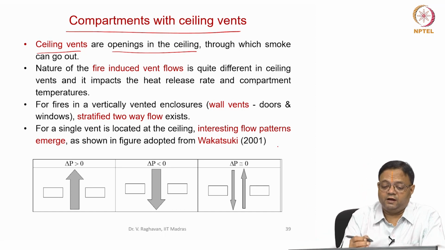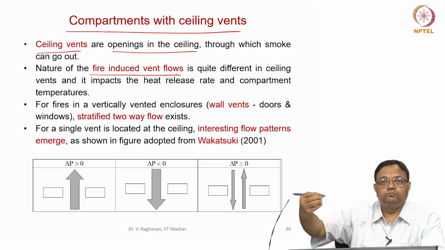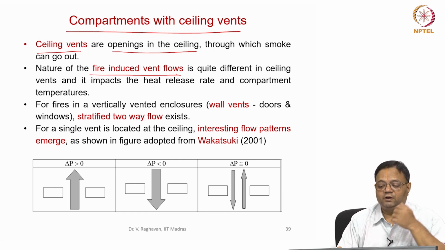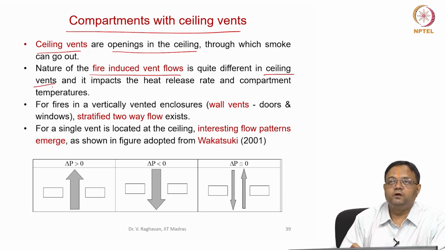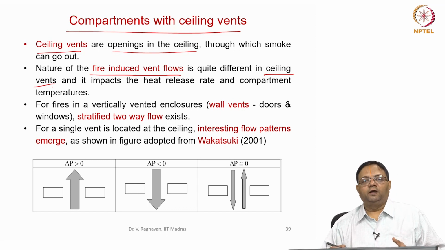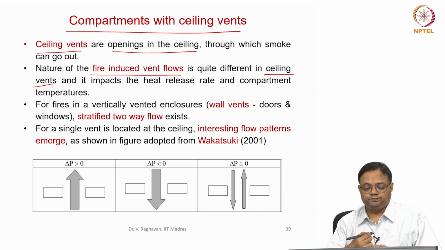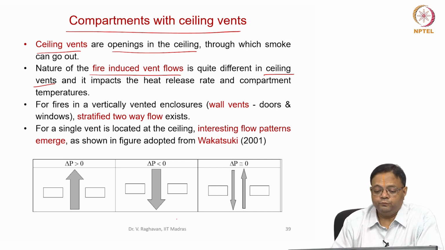But if there is an opening in the ceiling, then the fire-induced vent flow can be quite different, correct, because the flow is already rising up, and if it finds a vent in the ceiling itself, then the nature of flow and the fire development in the compartment, temperature, heat release rate, etc. will be quite different. Okay, so that is important.